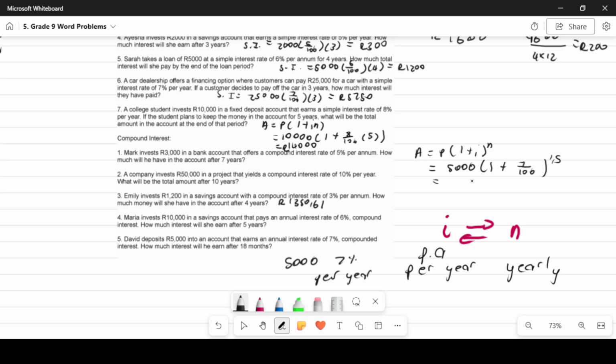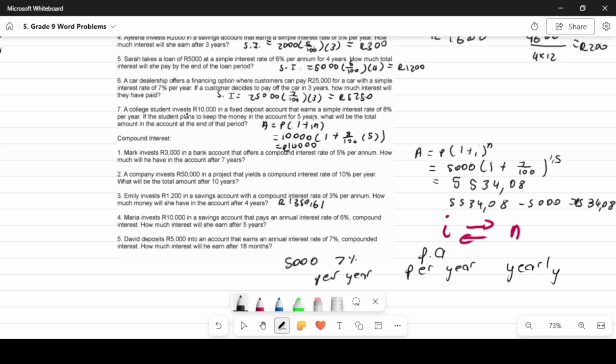And the answer we get there is 5,534.08. If I want to find the interest amount, I subtract the two amounts. It'll be 5,534.08 minus 5,000, which gives me 534.08 Rand worth of interest in the account.